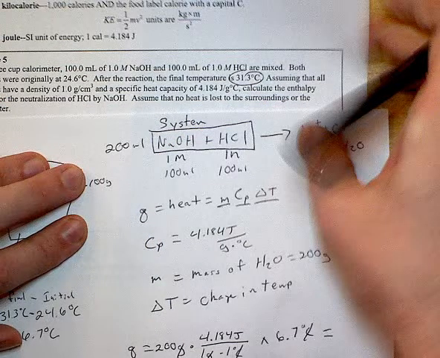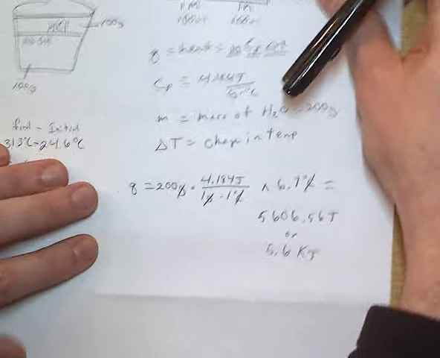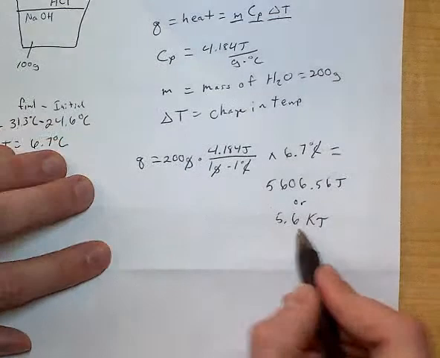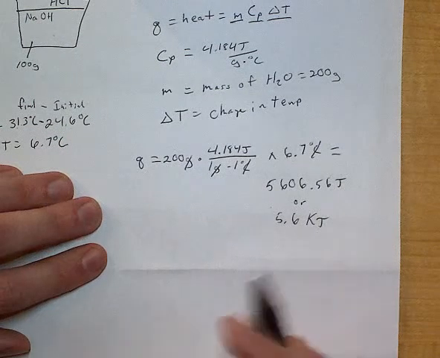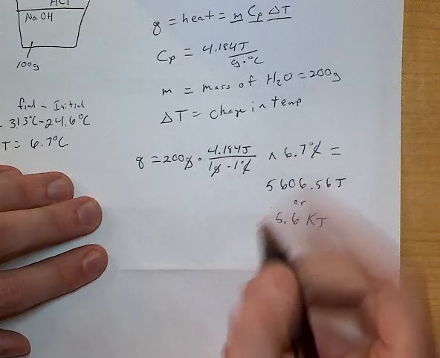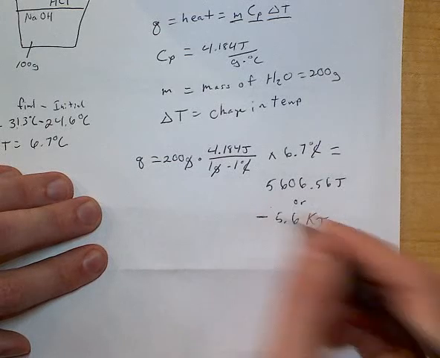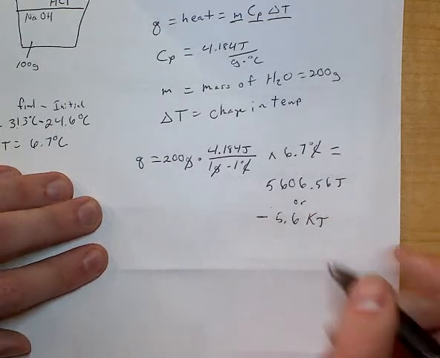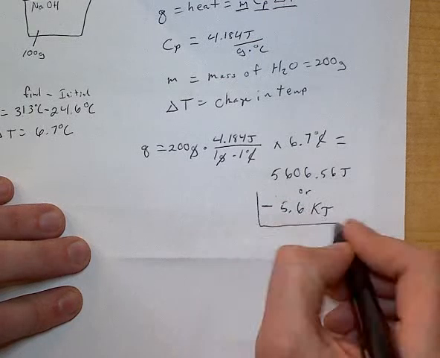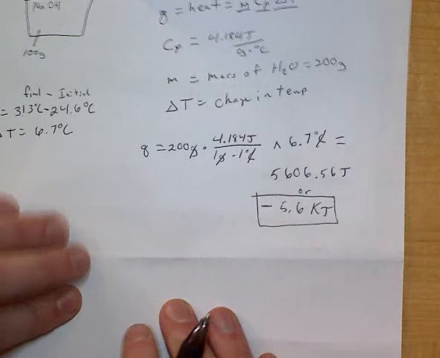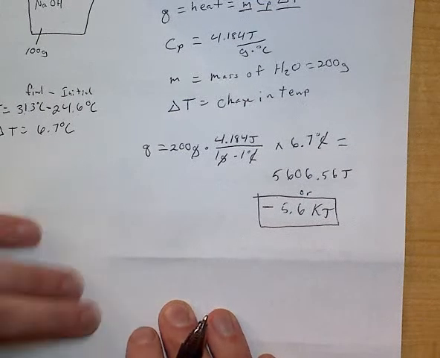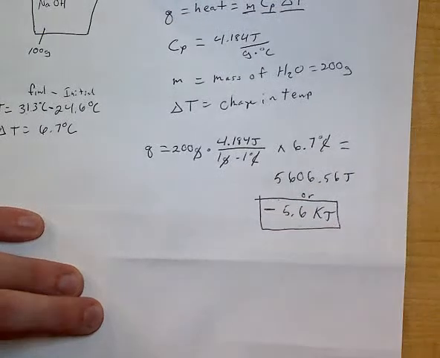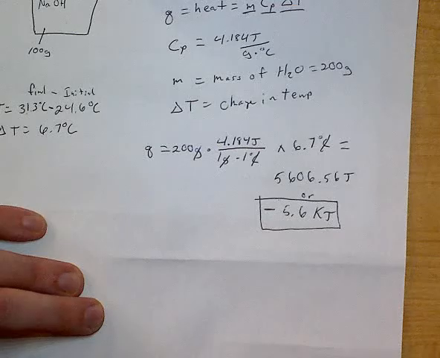So how much energy is it losing? Well, it's losing 5.6 kilojoules, and that's moving away. That means this is going to be a negative change in enthalpy. The change in enthalpy for this system is negative 5.6 kilojoules. The negative sign here indicates that this is the energy leaving the chemical system.